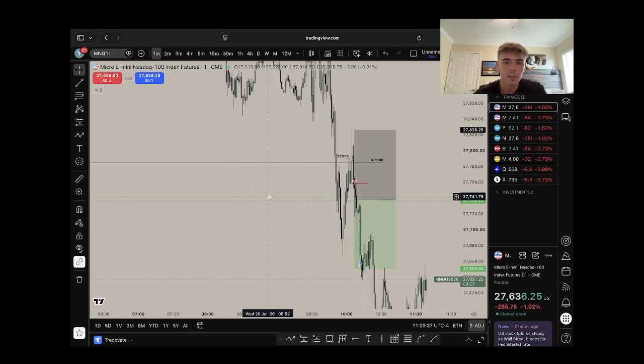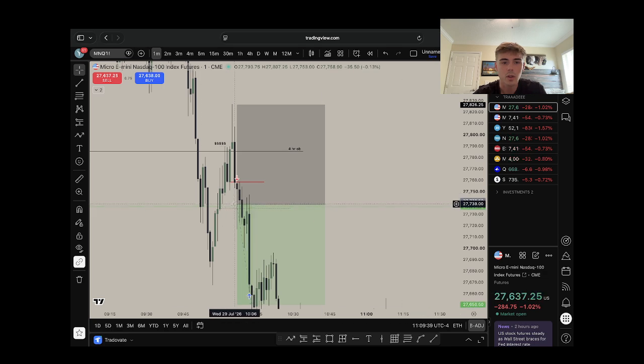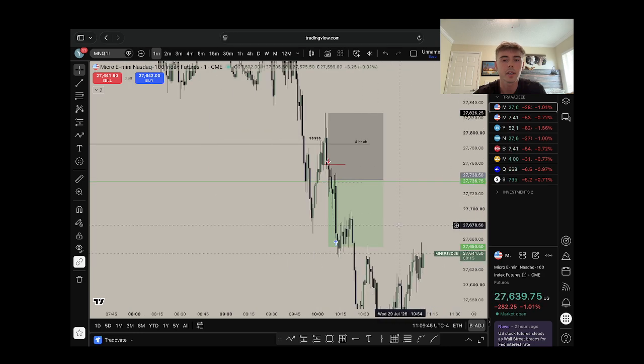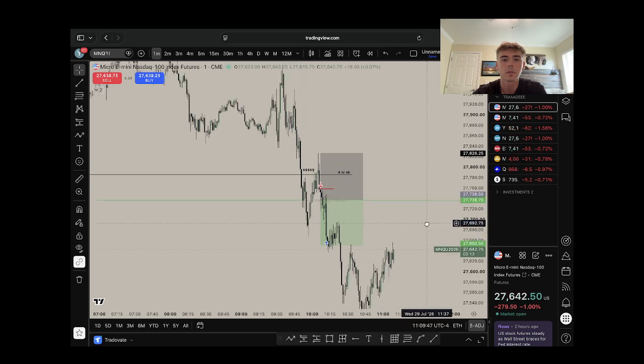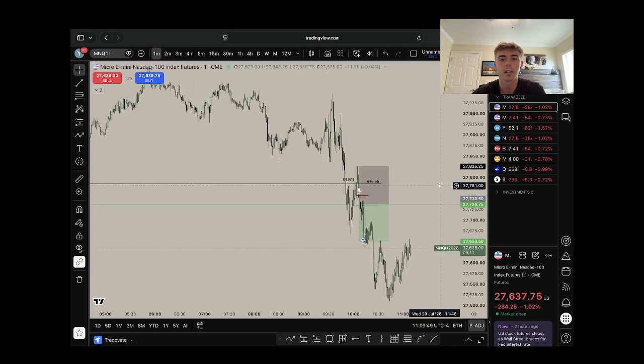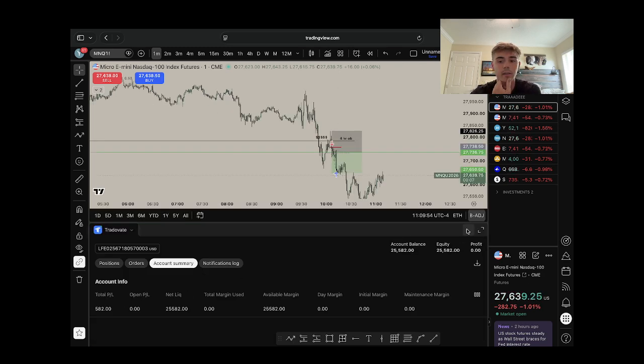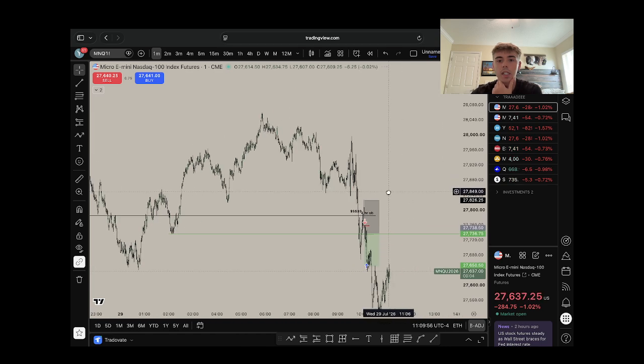I don't think we had much drawdown here, maybe 1 or 2 minutes, and then price just dumped straight down to our TP. So that is exactly how I made the $582 today trading. Hopefully tomorrow we'll have a good setup and an A plus model that shows up.